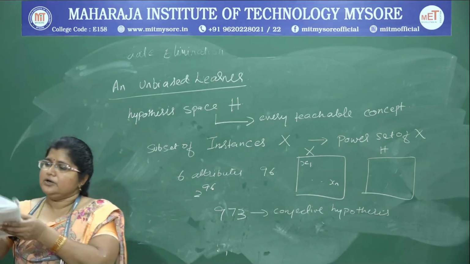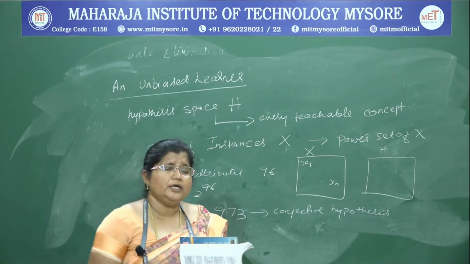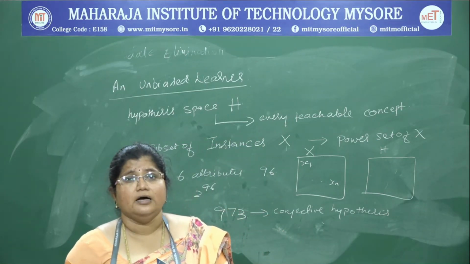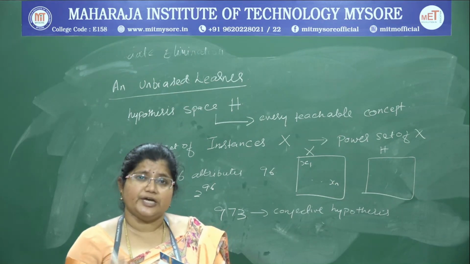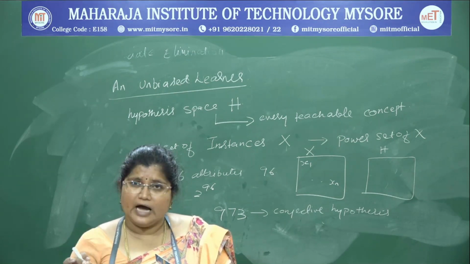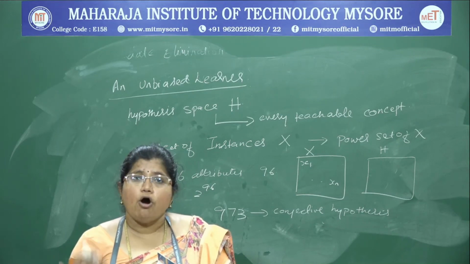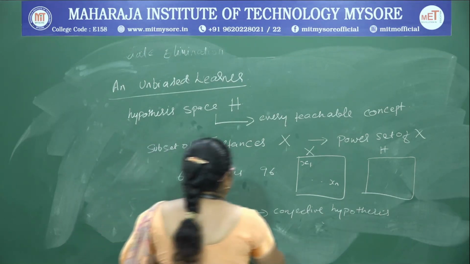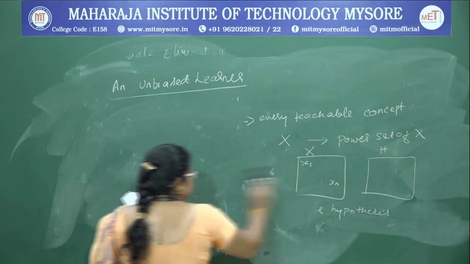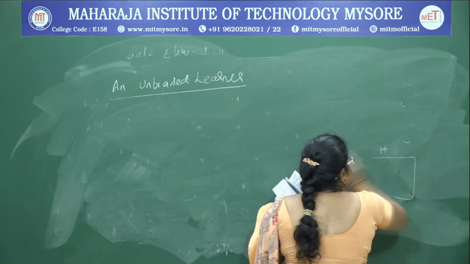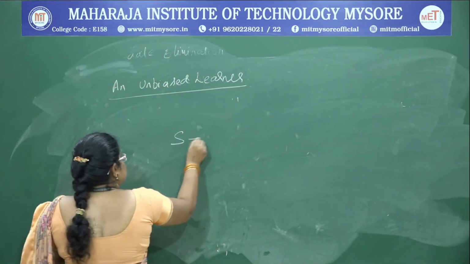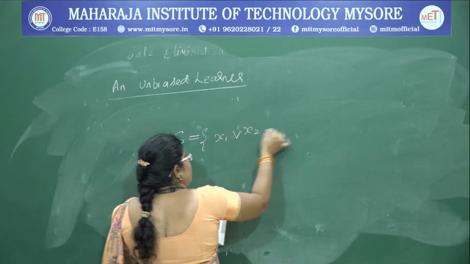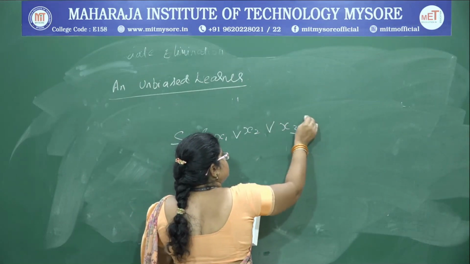Whenever we need to choose a new hypothesis for unobserved data, the first step is to check whether the unobserved data is a combination of multiple instances. For example, yes is equal to x1 and x2 and x3.